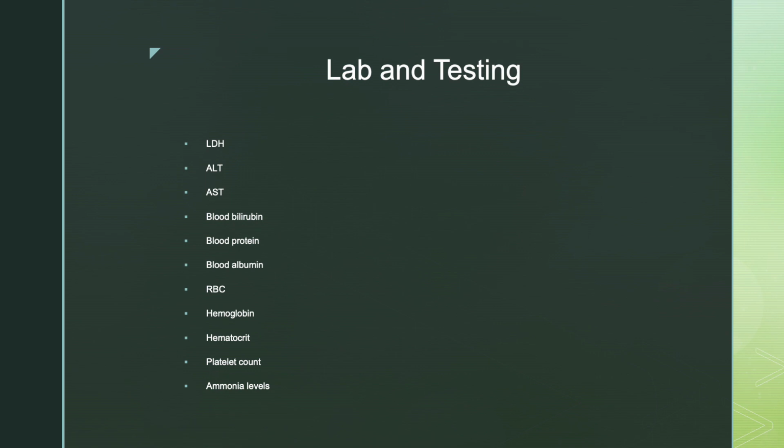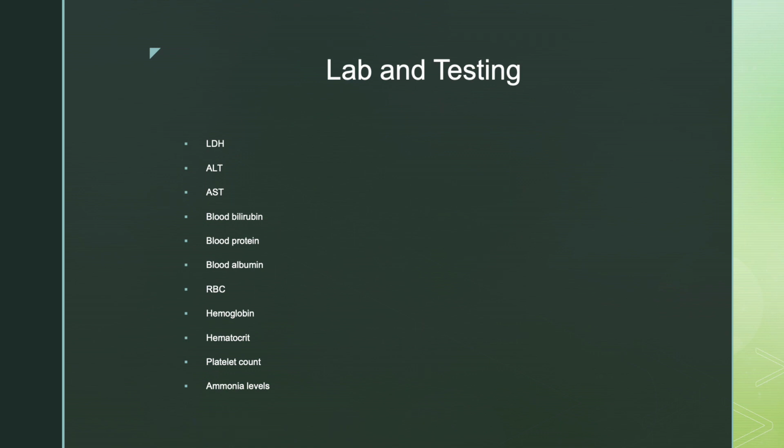We'll also do blood protein, which should be decreased due to the lack of hepatic synthesis. The expected reference range for this would be 6.4 to 8.3. And then the blood albumin would also be decreased due to the lack of hepatic synthesis, and those expected ranges would be 3.5 to 5.